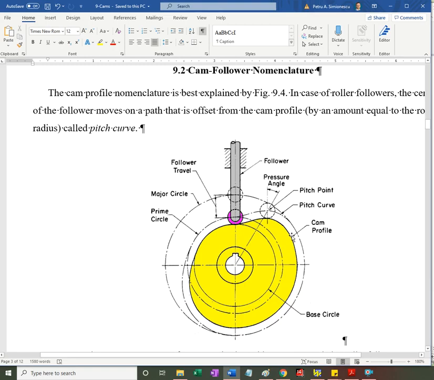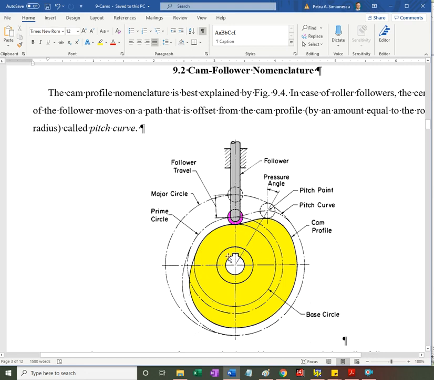Although it's not shown here, we can imagine a circle that is an extension of the circular portion of the cam when the follower is in the maximum displaced position. So those are the dwells of the cam when the follower is running over the base circle, or the major circle, if we call major circle the circular portion of the cam profile corresponding to the upper dwell. Anyway, the follower is motionless. In between we have the rise and the return.